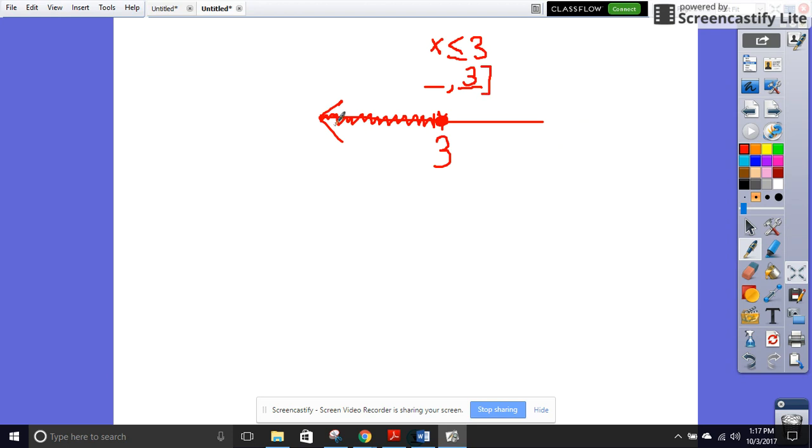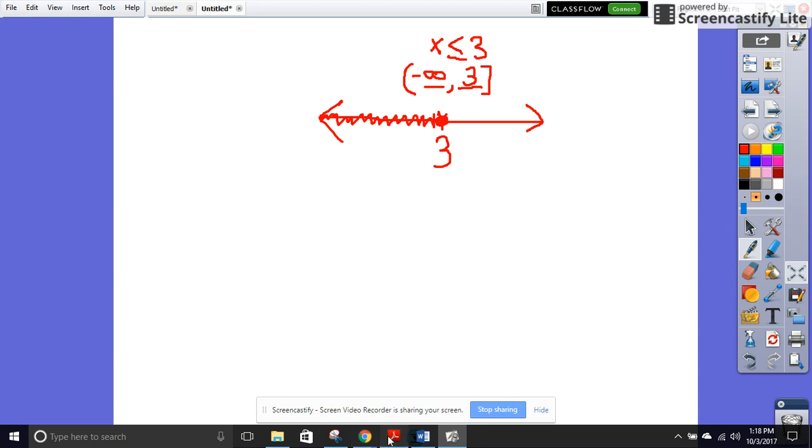Well, where did this shading start? It started way over here to the left, so it started at negative infinity. And infinity always gets a parentheses. Okay, so this would be the graph that you would put in that section, and this would be the interval notation. Inequality notation, interval notation, graph.